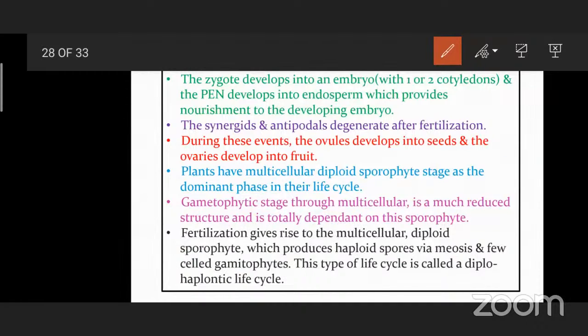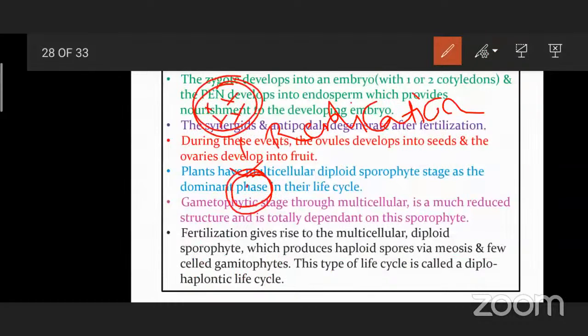Next, what is the meiosis process? In meiosis, a single cell divides twice after replication to produce four cells containing half of the original amount of genetic information.